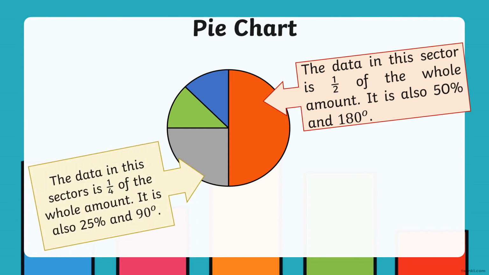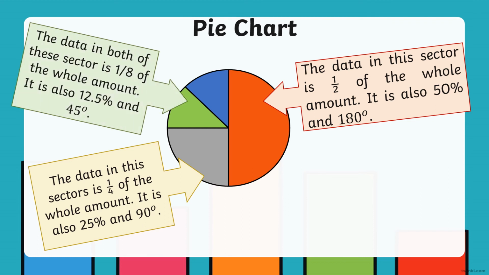Then if we have 1/4, the data in this sector is 1/4 of the whole amount. It is also 25%. So 1/4 equals 25%, and 360 degrees divided by 4 is 90 degrees. So that is where 90 degrees came from. Now, half of 1/4 is 1/8.